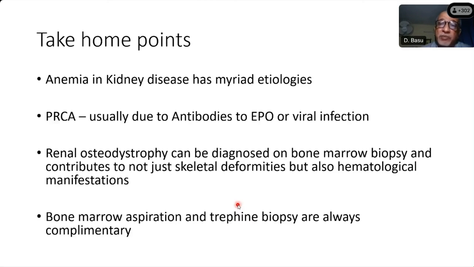The suppressed hematopoiesis, one of the reasons is this development of osteodystrophy. And bone marrow aspiration and trephine are always complementary, each giving some information that the other doesn't. Okay, so with this, if there are any questions, I'll be happy to answer.